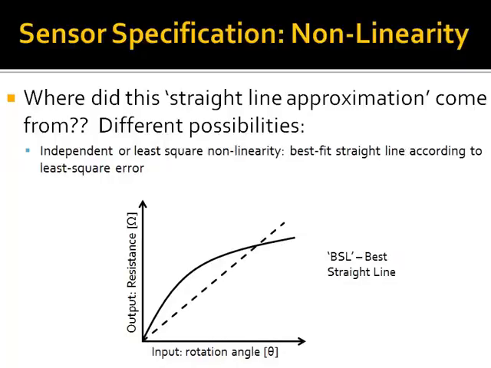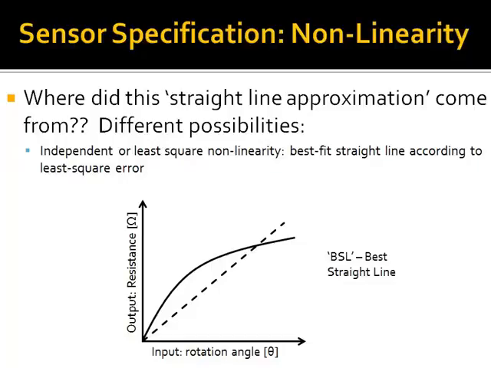Another possibility would be quoted as BSL, which stands for best straight line. In this case, the best fit straight line is determined using the least square method, according to the least square error, or also sometimes people say minimum square error.